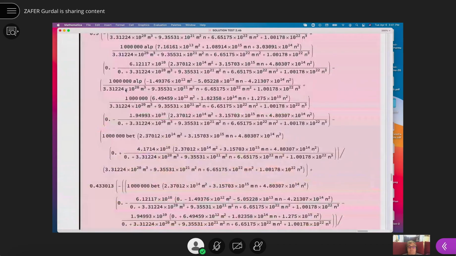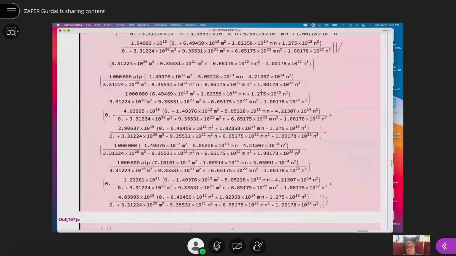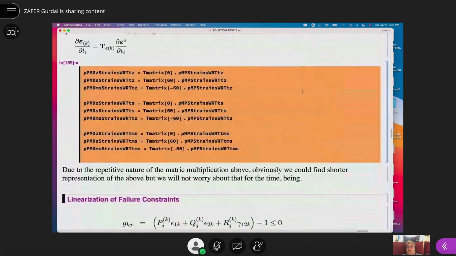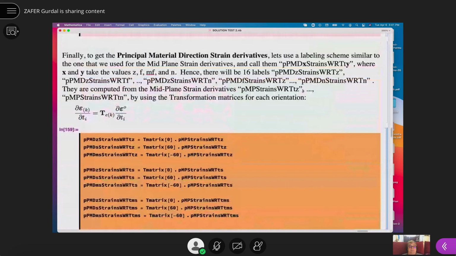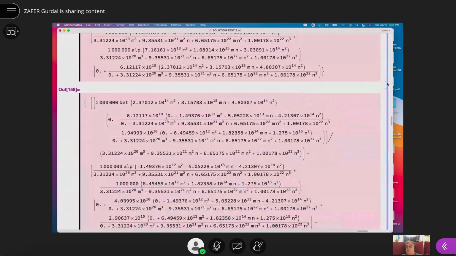And I may want to condense these things so that I don't see them individually, and also condense these.